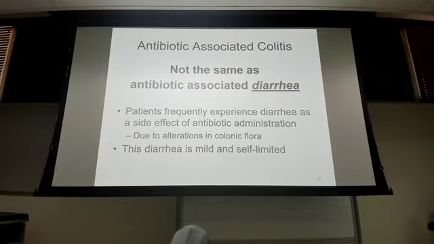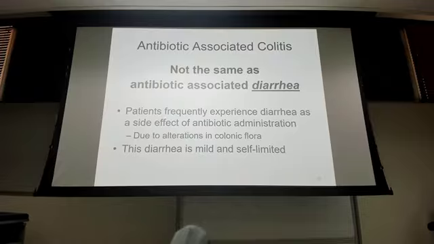Each one of those is going to have a different pathophysiology, a different presentation, and a different treatment. So antibiotic-associated colitis is not CDI. It is not Clostridium difficile infection. Patients often get a little mild diarrhea, self-limiting, from antibiotics. Simple antibiotic-associated diarrhea occurs because antibiotics work on that gut microbiome, right? But that's usually mild, self-resolved, you give them fluids.